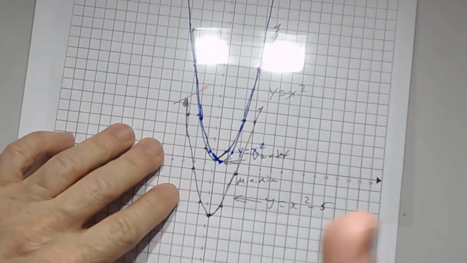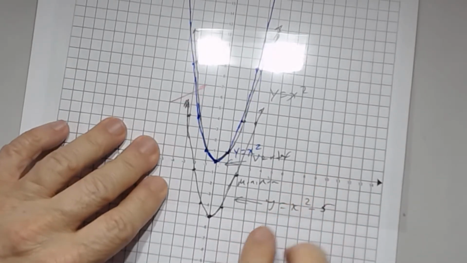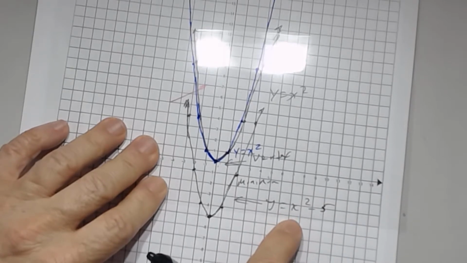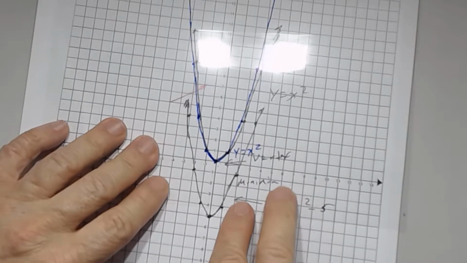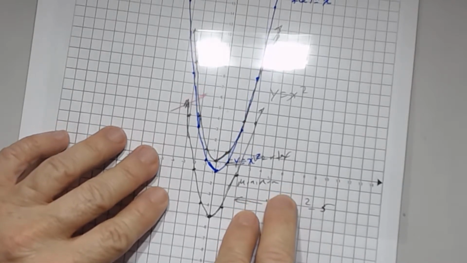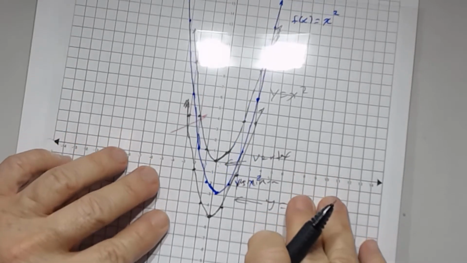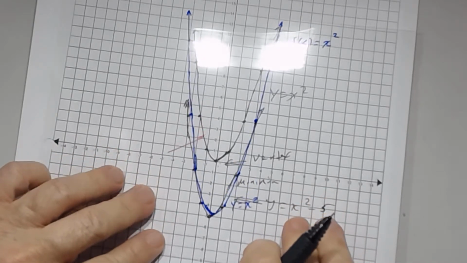So that's your parent function. Just think about a parent and offsprings. From this parent function, we produce this offspring right here, x squared minus 5. To do that, though, I have to shift the graph which way? Down 5. So notice, down, -5. So my vertex is no longer the origin.